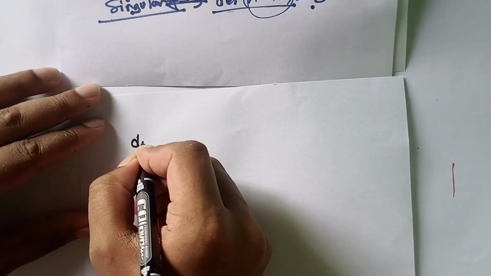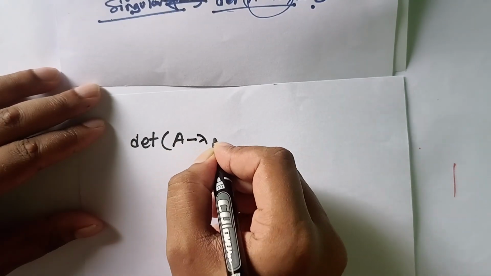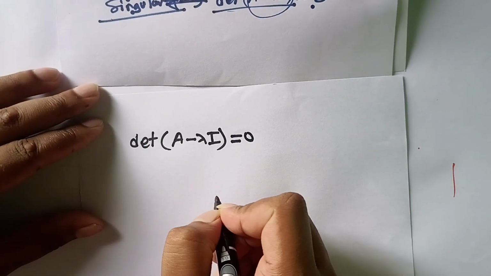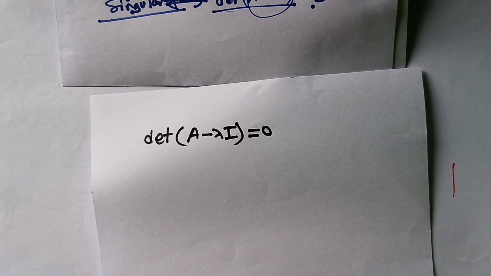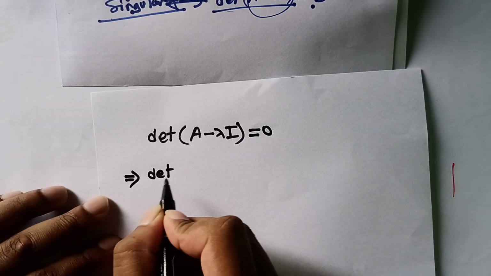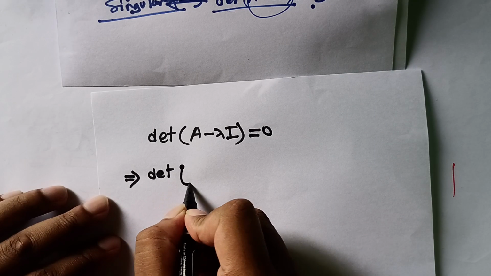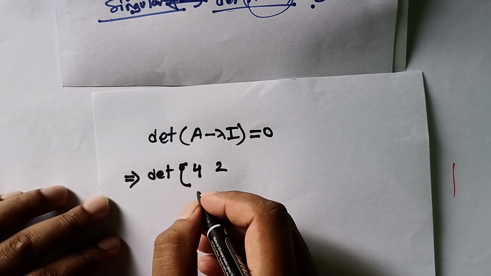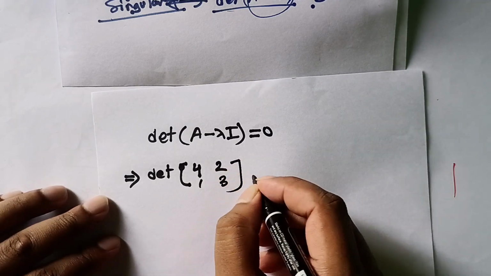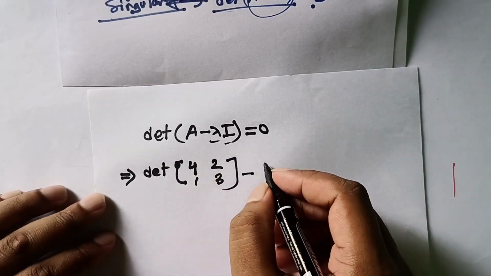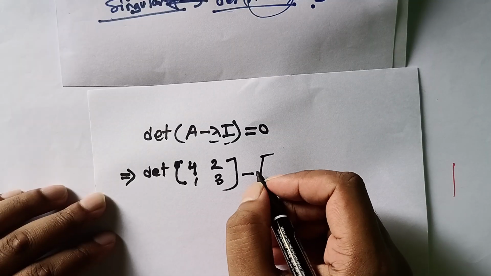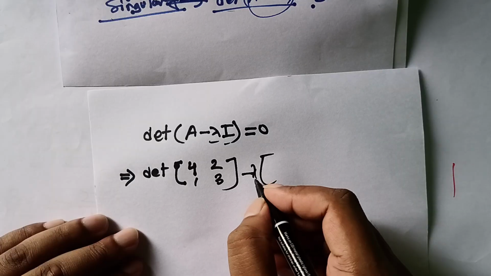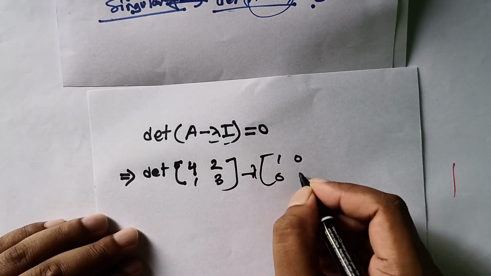So our next task is to find the determinant of A minus lambda I is equal to 0. The determinant of the matrix [4, 2; 1, 3] minus lambda times the identity matrix [1, 0; 0, 1].